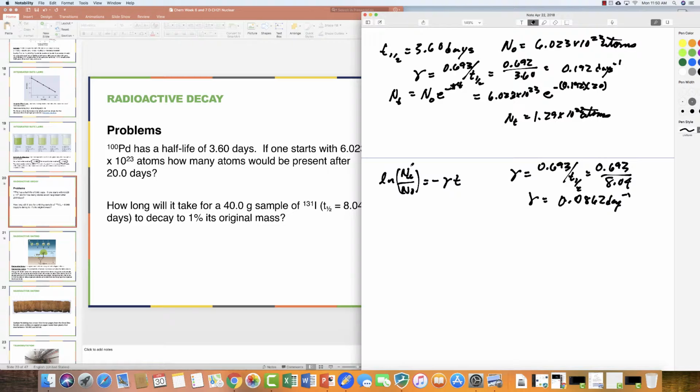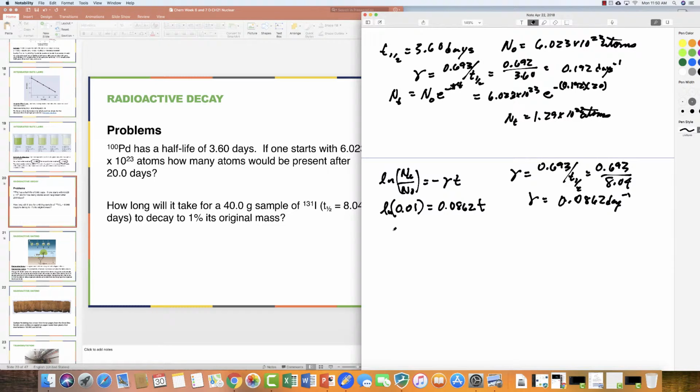So that means that now the natural log of Nt over N0 in 1% is going to be the natural log of 0.01, which is going to equal minus 0.0862 times t, and t is what we want to know.